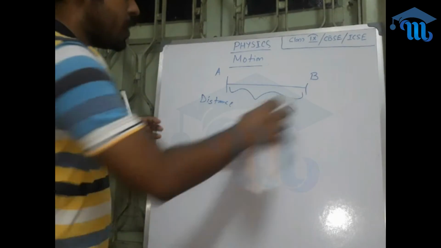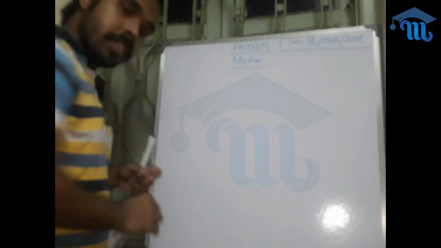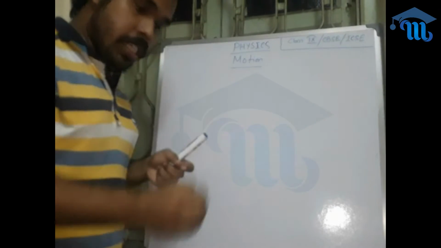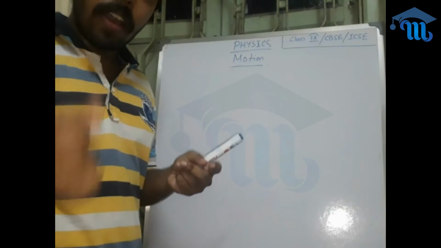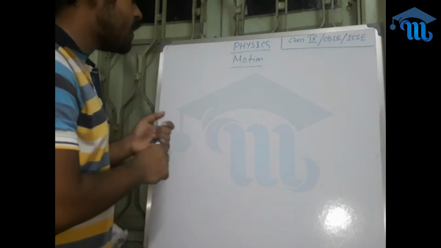Now moving on to displacement. Displacement is a bit different from distance. Displacement is the distance between the initial and the final point of a body while it is traveling. Consider it like this.